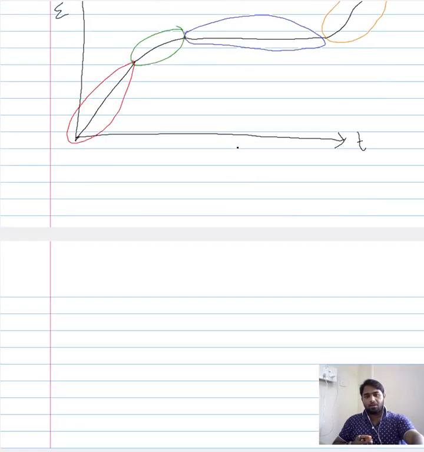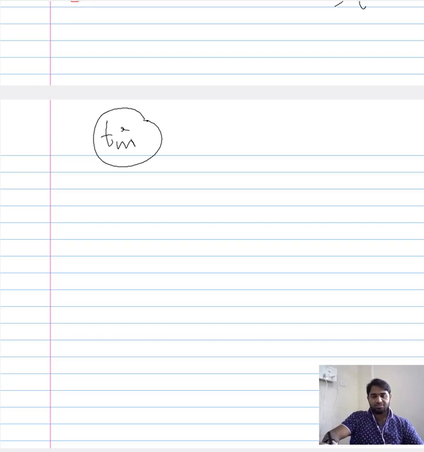If you want to recollect, or give a gist of this separation of stages: when you categorize the overall creep curve into 3 stages, it is dependent on the time taken for the instantaneous creep.